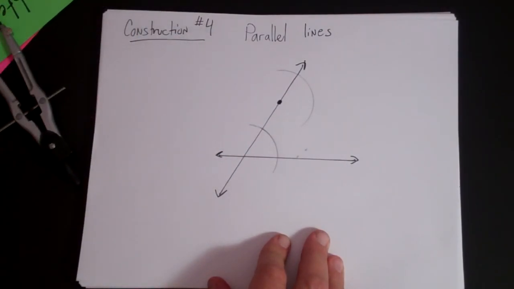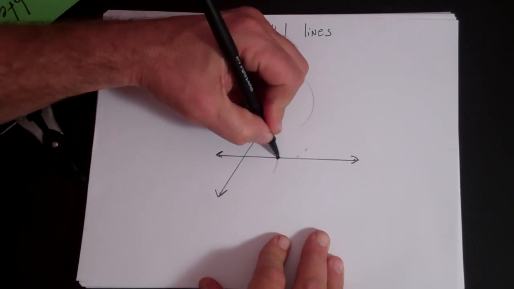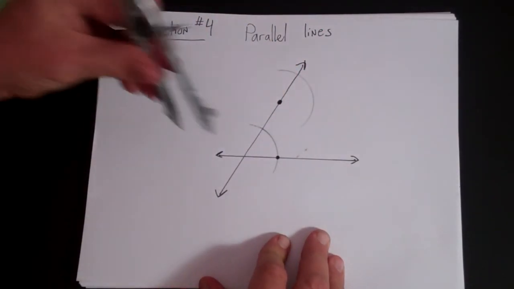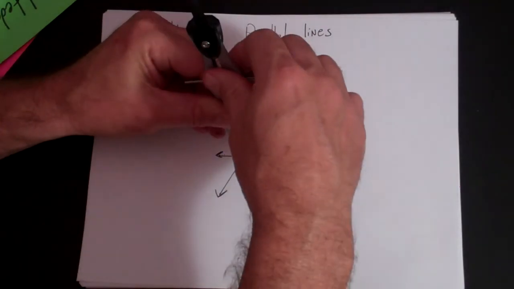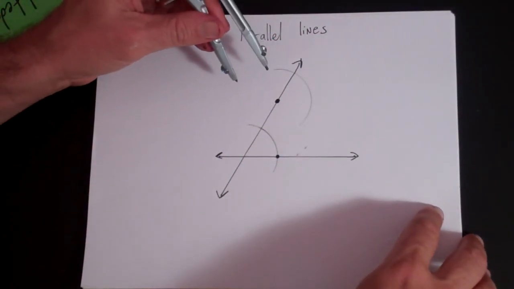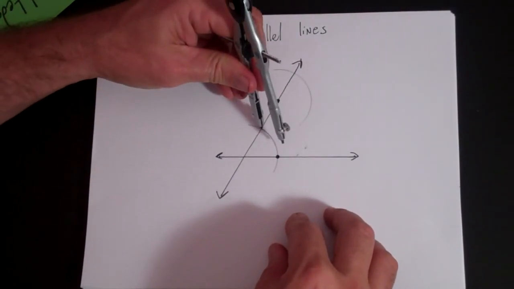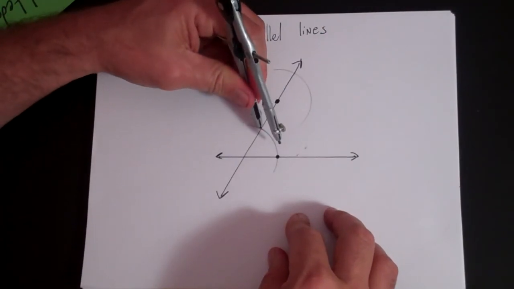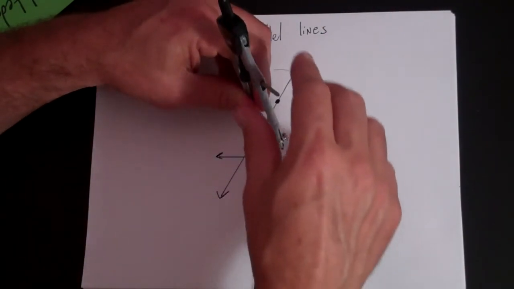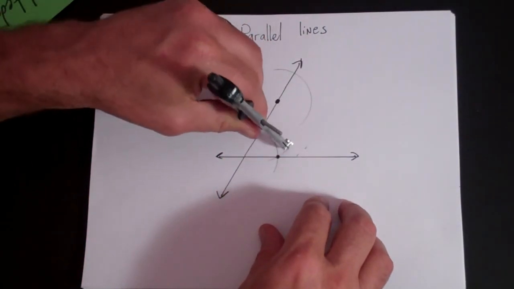Now, this arc crosses the original line, and what you're going to do next is, from the intersection of that arc and the transversal, measure the distance right here. And you can draw a line right there.